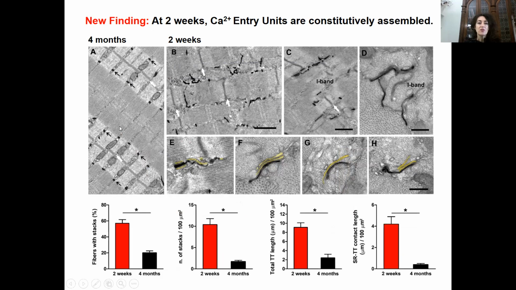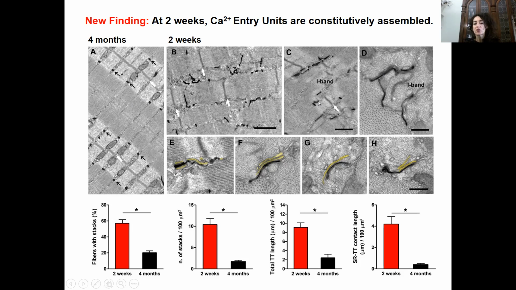In panel A, you see that at 4 months of age, most tubules, pointed by black arrows and stained in black with ferrocyanide, are almost exclusively transversally oriented and constitute the central element of the triads, positioned at the A-I band transition of the sarcomere. On the other hand, at 2 weeks of age, the sarcotubular system is not ordered as in adult fibers, and many tubules are still longitudinal.